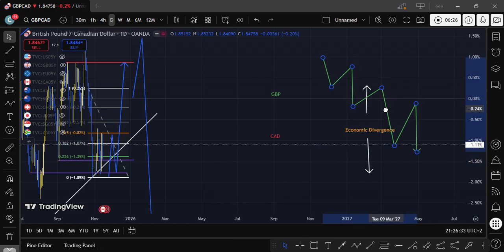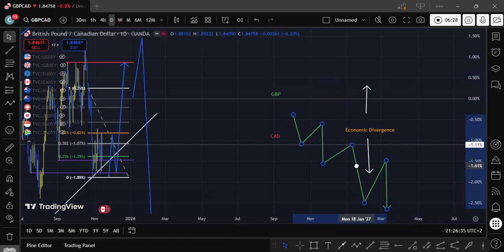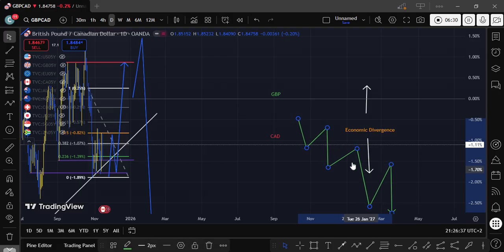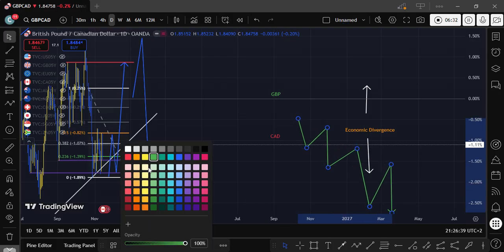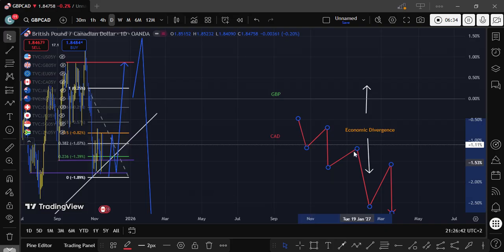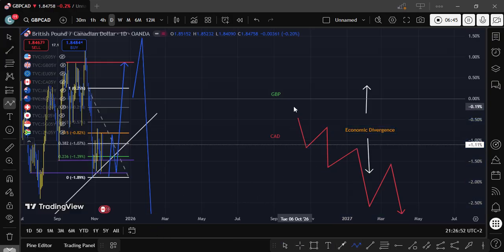So for this thing to fail, it becomes highly unlikely for an economic divergence. What I'm trying to say is that using the macroeconomic divergence system makes it easier for you to trade because your job is just to hold the currency and wait.